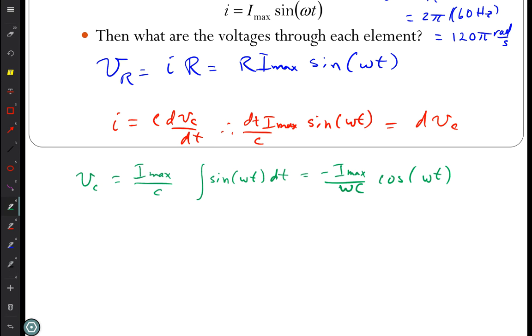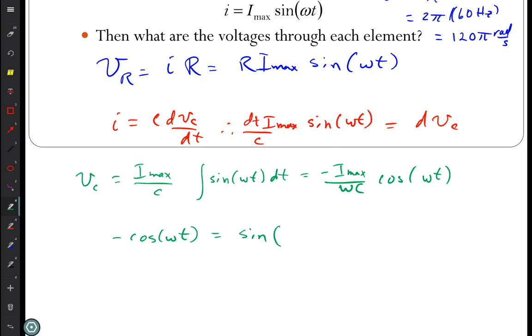Now, this looks kind of like Ohm's law. Let me make it look a little more like Ohm's law, but not exactly the same as Ohm's law. Minus cosine of omega t is equal to sine of, right, they're only shifted by 90 degrees, and I just have to figure out which way to shift it. Well, if omega t is 0, minus cosine is going to be minus 1, because cosine of 0 is 1.